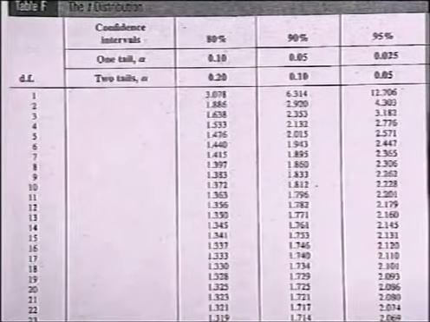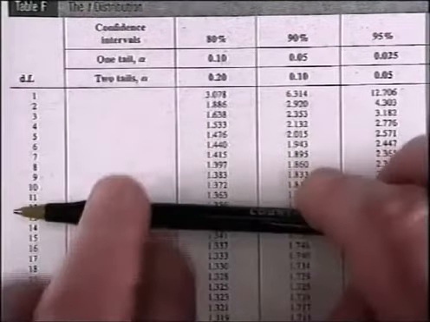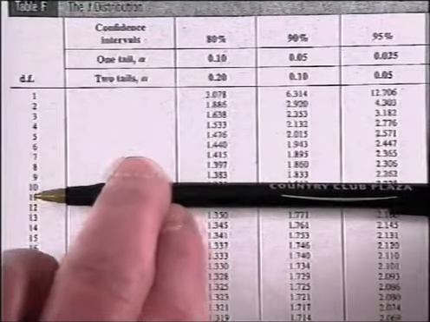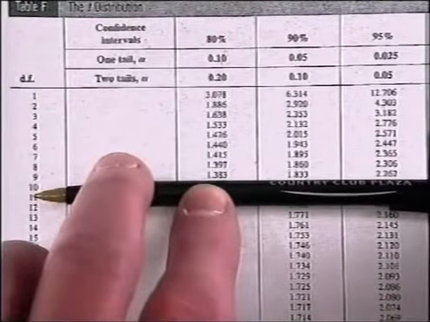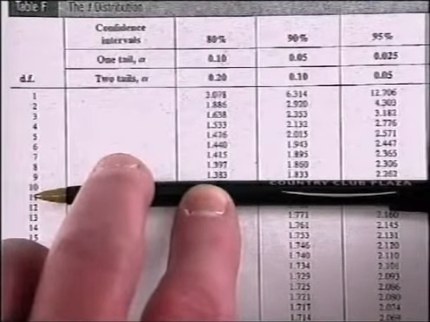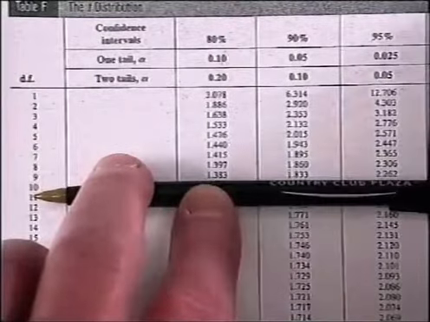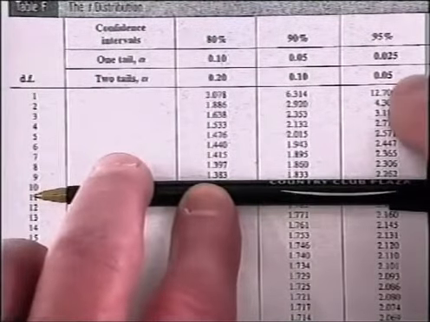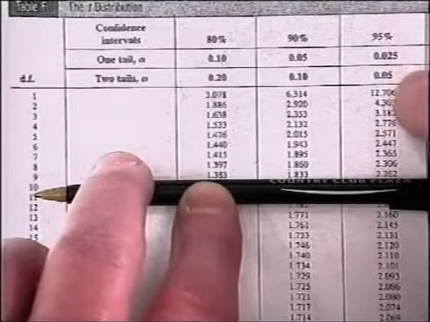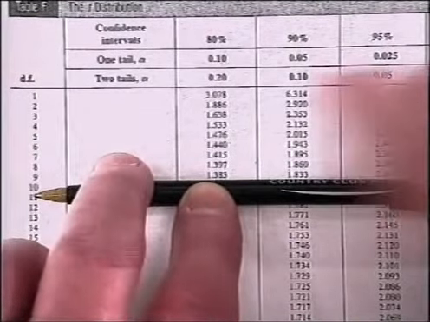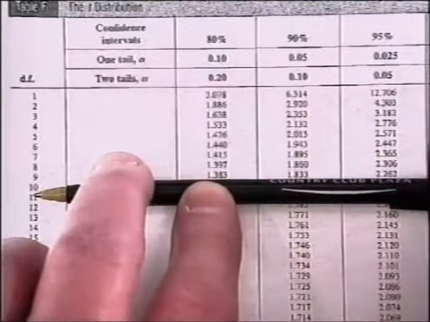So if I have a sample size of 10, I would be in row number 9. These are the numbers I'd be working with. Then I look at what my test is. If I'm doing a 95% two-sided test, then I am up here at 5%, 95% confidence, 5% in my tails. Alpha is the type 1 error in the tails.